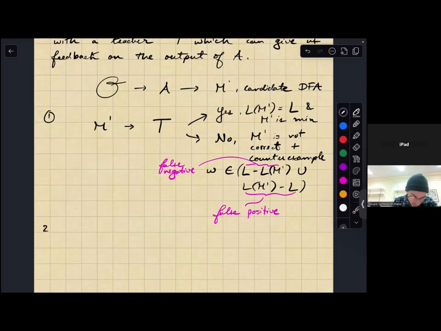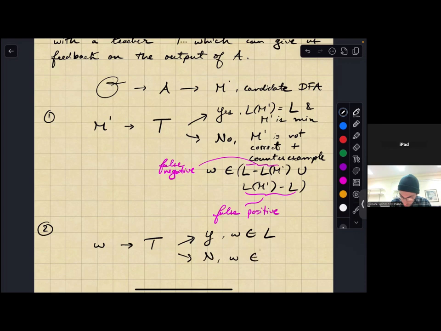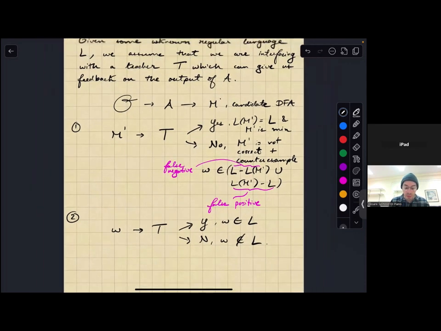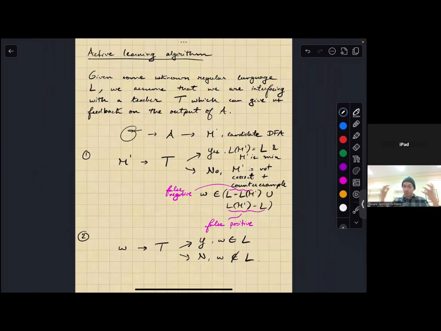So the second thing it tells us is, if I'm thinking of expanding my observation table because I need to add more data to refine my candidate DFA, then I need to know whether this string W is in L or not, and so I give it to the teacher T, and then the teacher T tells me yes if W is in L, and no if W is not in L. So this is what we mean by the problem of learning automata in the active learning setup.